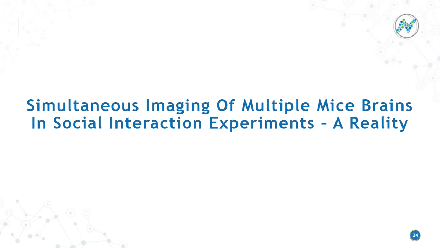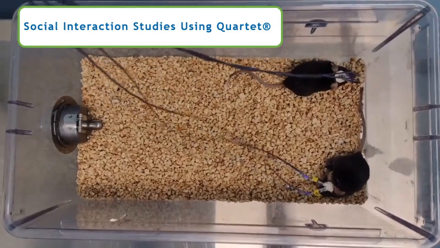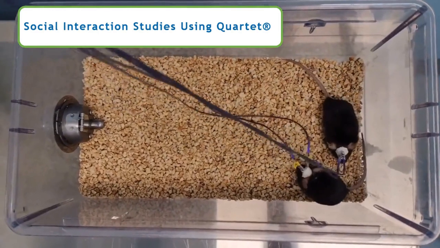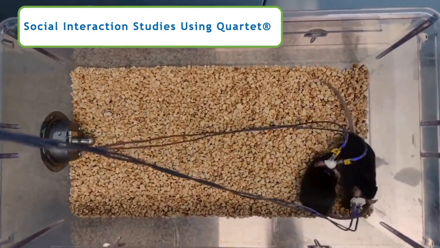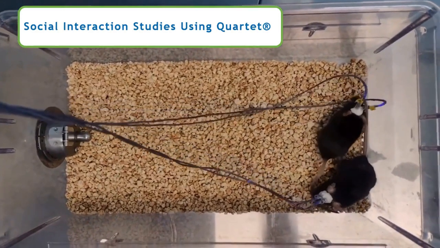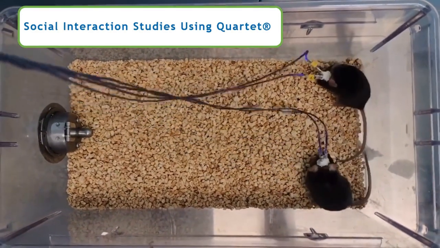So, as we saw a couple of experimental setups using multiple regions of implantation in a single animal, we move on to: can we use the quartet to image multiple mice brains simultaneously in social interaction experiments? Yes. These are bilaterally implanted mice, and this is a social interaction study using the quartet. As you can see, they can comfortably interact with each other.